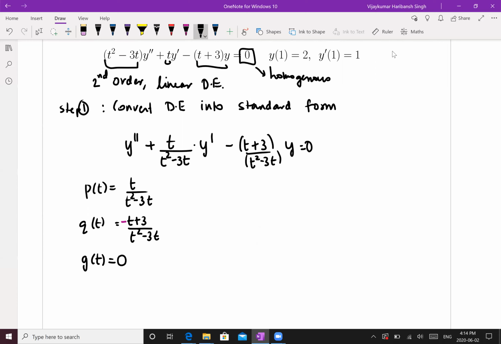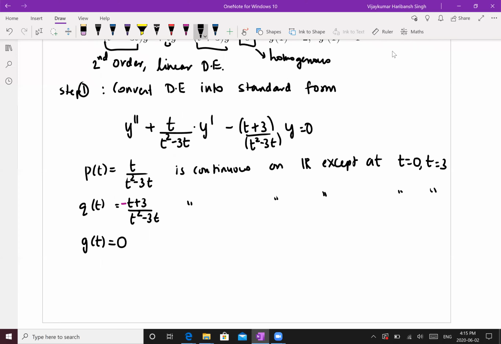Now p(t) is continuous on, it's a rational function, and rational functions are continuous on their domain. So it's continuous on R except at t equals 0 and t equals 3. Similarly for q(t), it's continuous on R except for t equals 0 and t equals 3. g(t) is continuous everywhere.